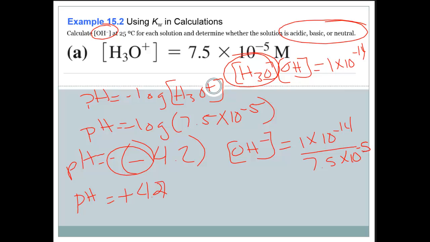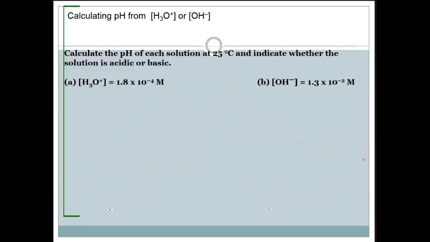So 1 times 10 to the negative 14 divided by 7.5 times 10 to the negative 5. The OH minus concentration then comes out to be 1.33 times 10 to the negative 10. Let's do a few more.